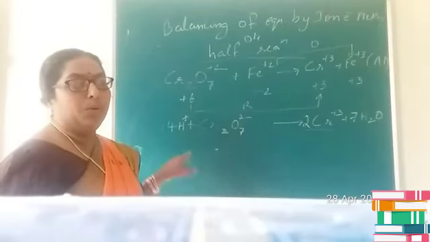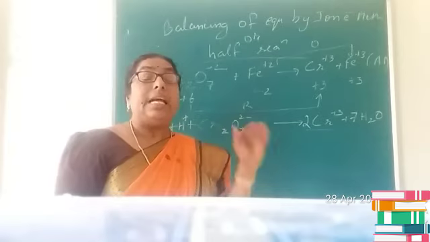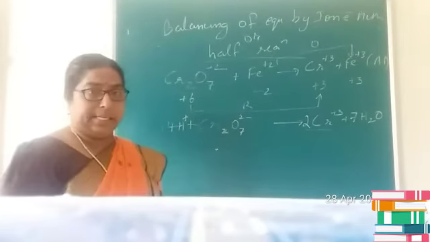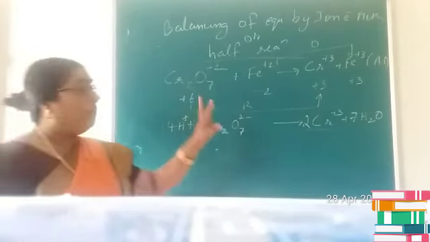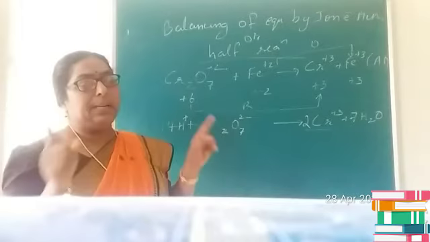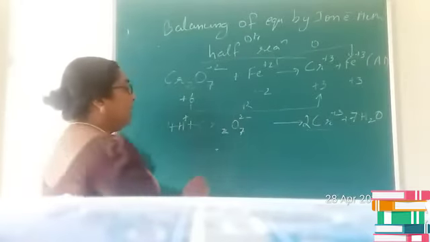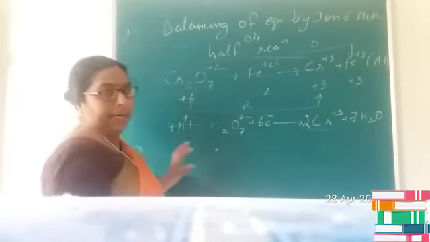Whenever you are supplying electrons, you should supply them to that particular side where there is excess of positive charge. On the reactant side you have 12 positive charge, but on the product side only 6 positive charge. So the difference in positive charge is 6. That means we should add 6 electrons to the reactant side.